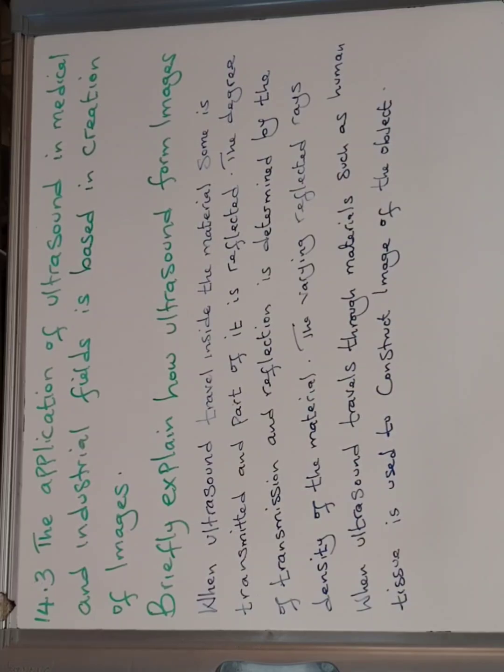The varying reflected rays when ultrasound travels through material such as human tissue are used to construct an image of the object. So remember, different densities, different degrees of transmission, and different degrees of reflection. Those varying degrees of reflection are used to construct the image.